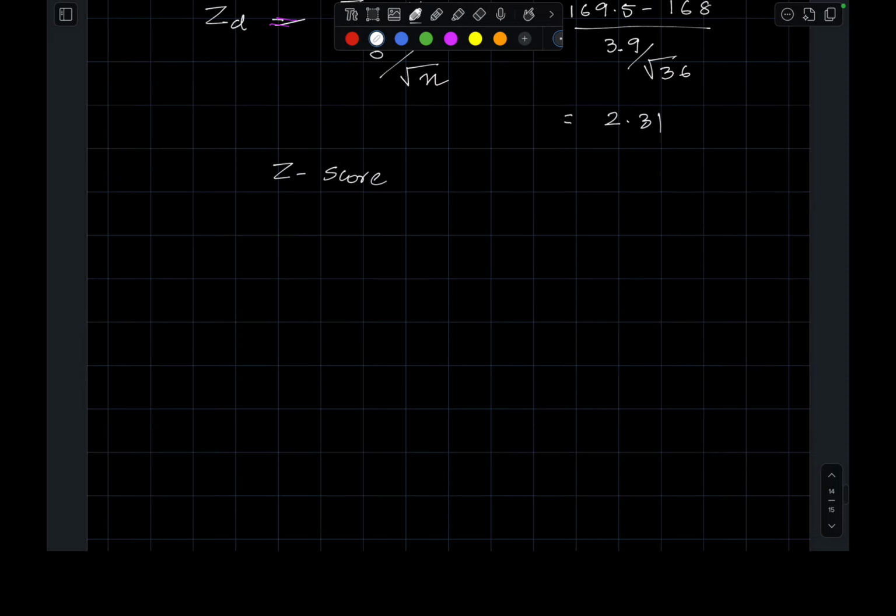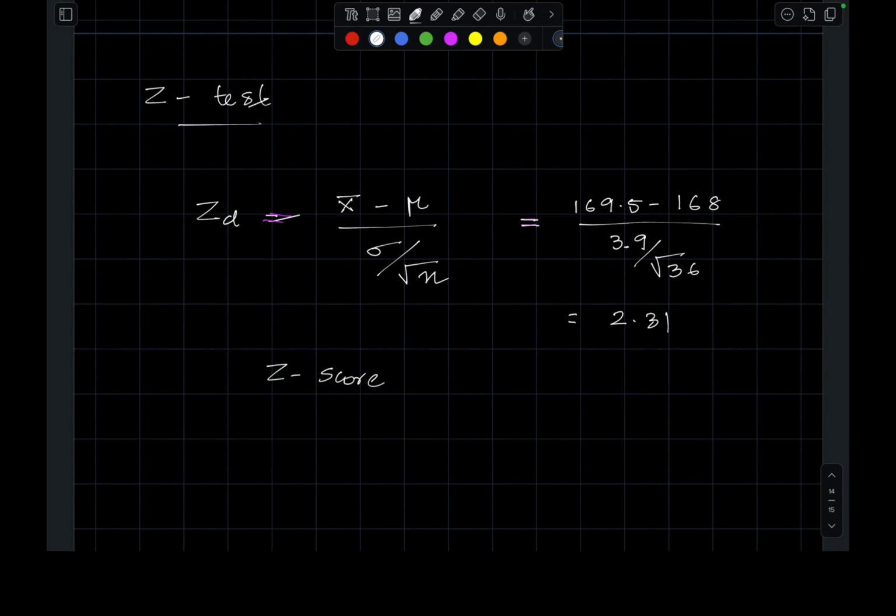As I said, the Z value is calculated as the sample mean minus population mean divided by population standard deviation divided by root of sample size.